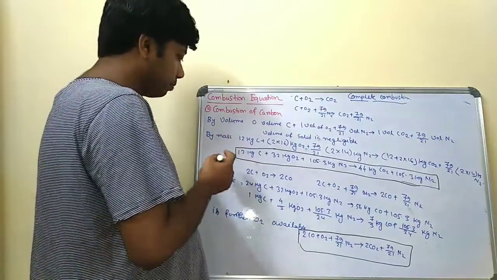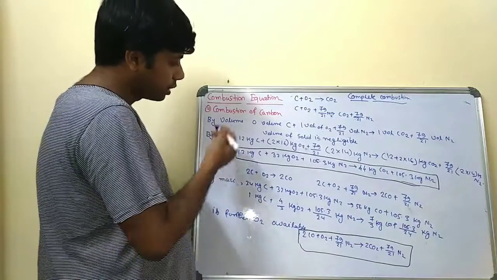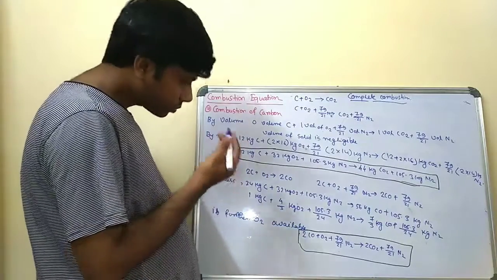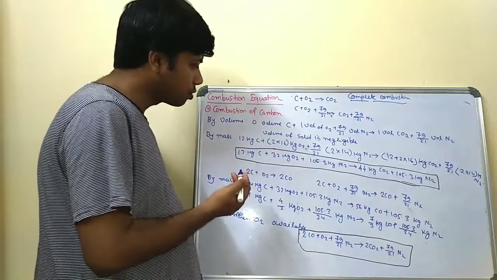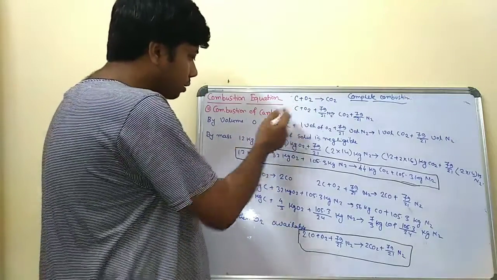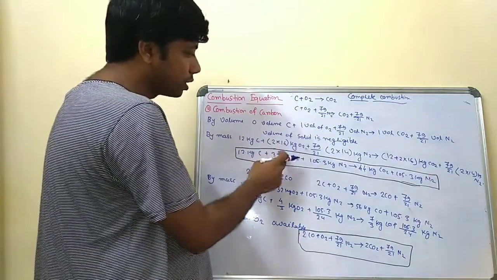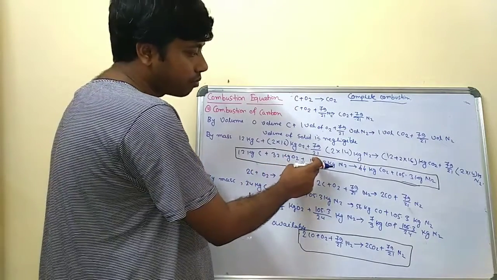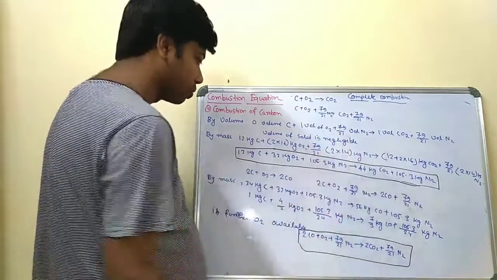If you calculate on a mass basis, the combustion equation will be 12 kg carbon plus 32 kg oxygen plus 105.3 kg nitrogen is equal to the products.